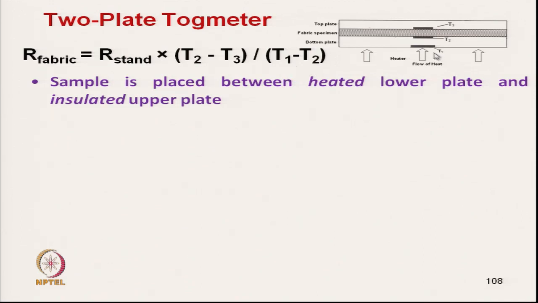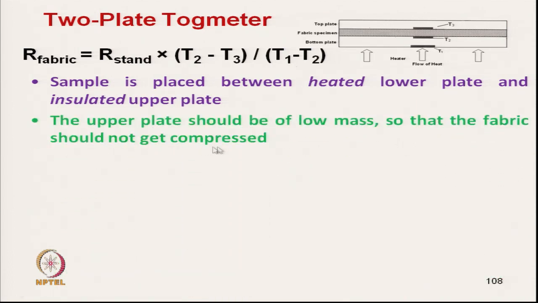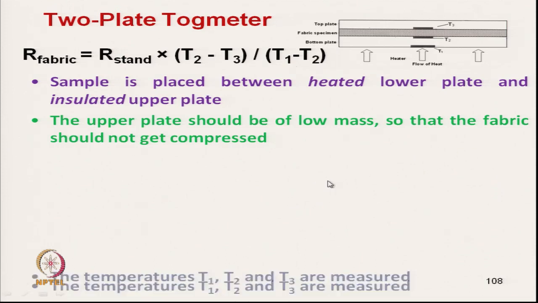T1 is the bottom side temperature and T2 is the top side temperature of the standard plate. The sample is placed between the heated lower plate and the insulated upper plate. The upper plate should be of low mass, so that the fabric does not get compressed.